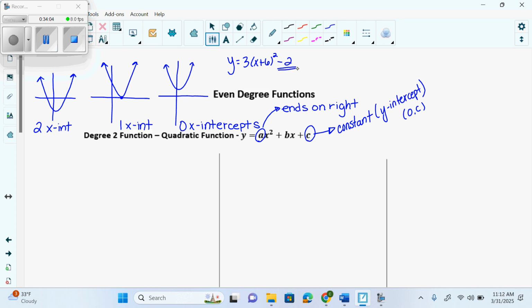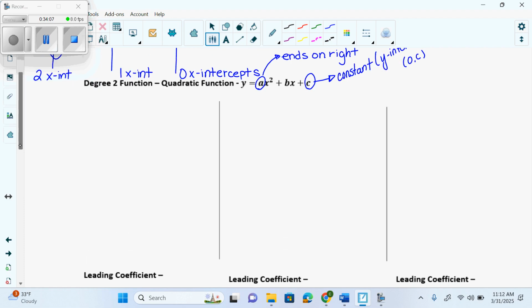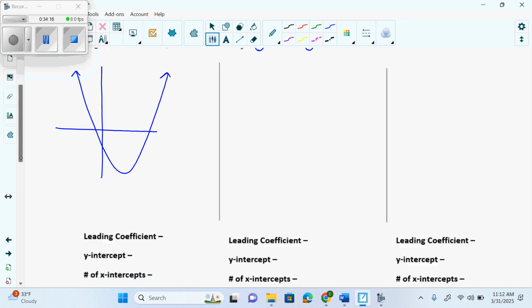Okay? So let's look at this one here first. Say I give you this graph. What can you tell me about the leading coefficient? The leading coefficient is A. It's the one that leads the equation, right? What can you tell me about A for this one? It's positive because it ends up on the right. So it would be A is greater than 0. We agree?